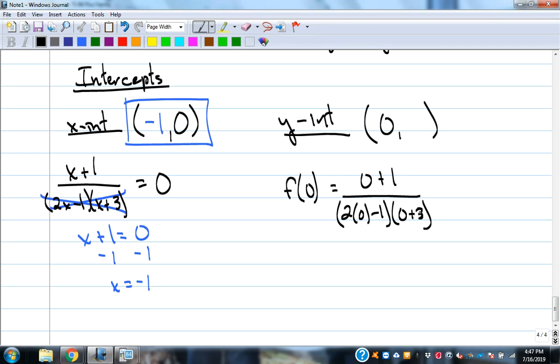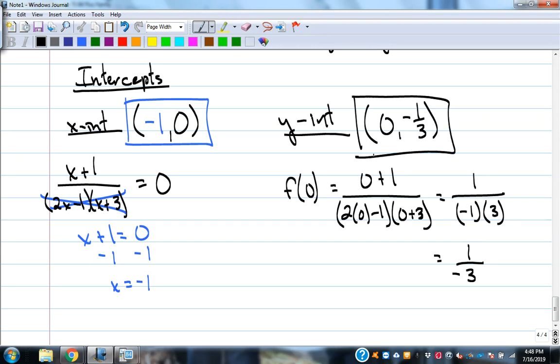I should get a number back. 0 plus 1 is 1. 2 times 0 is 0, minus 1 is -1. 0 plus 3 is 3. So I get 1 over -1 times 3, which would be 1 over -3. So it's -1/3, my y-intercept. So I'm going to see that thing cross the y-axis at -1/3, just a little bit past the origin, below it.